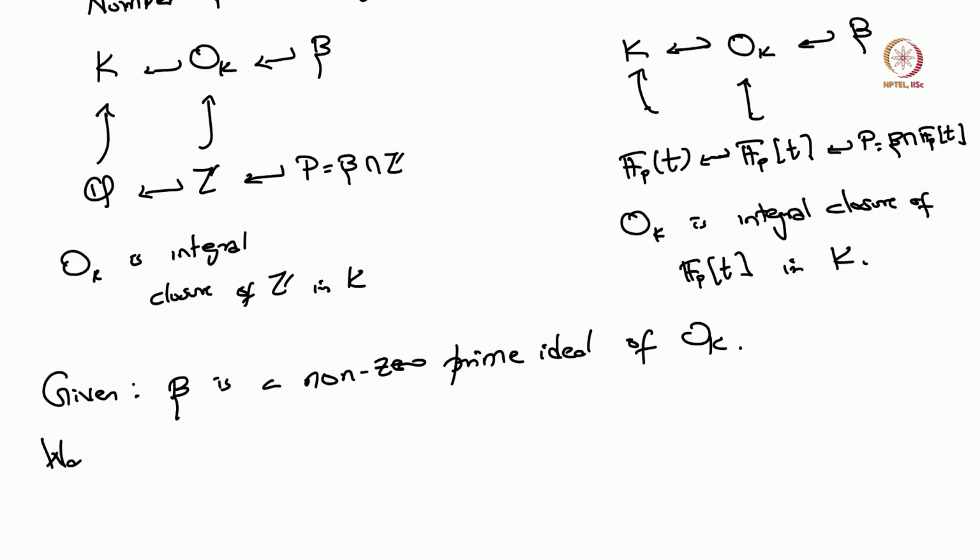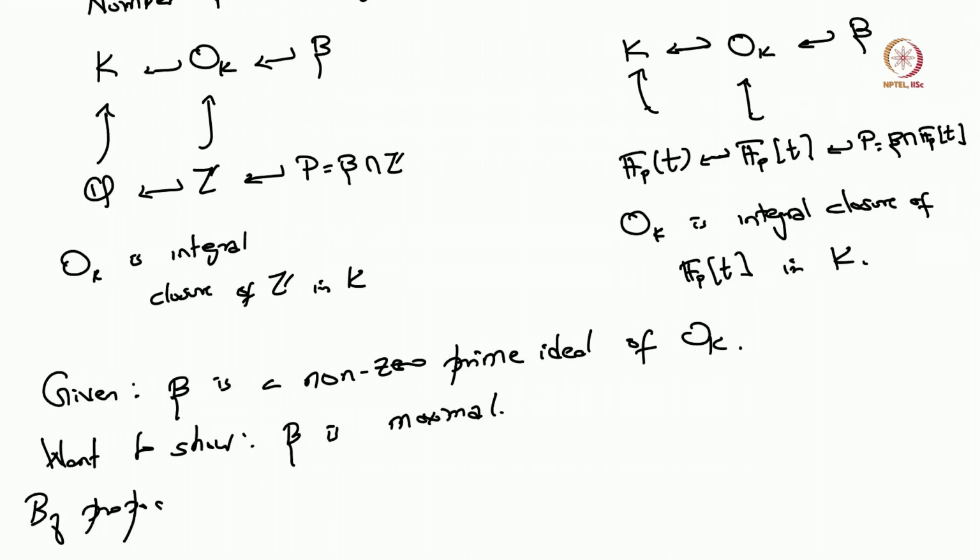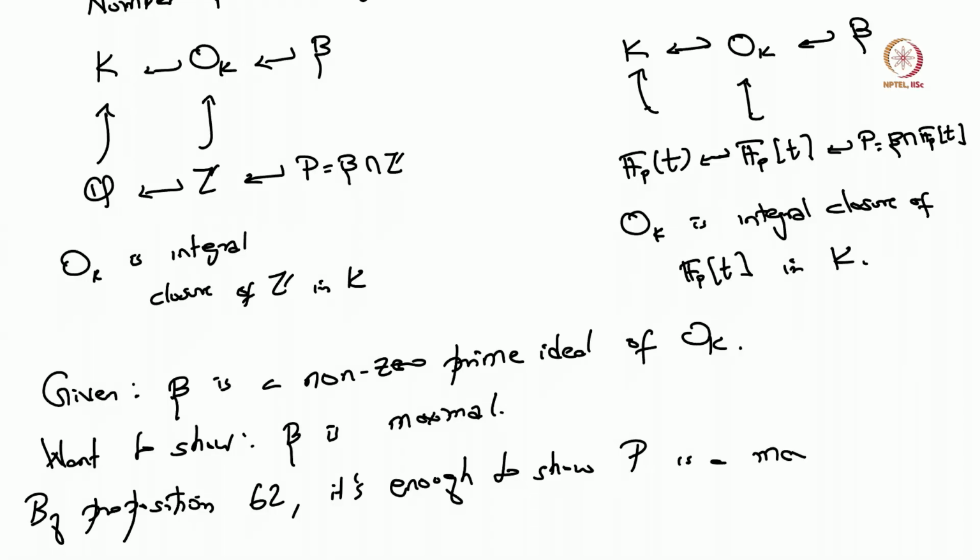And what we want to show is that beta is maximal, and by applying the previous proposition, proposition 62, it's enough to show that the prime ideal P below, that P is a maximal ideal of Z or Fp brackets T.